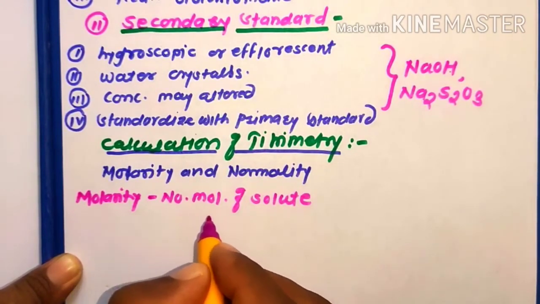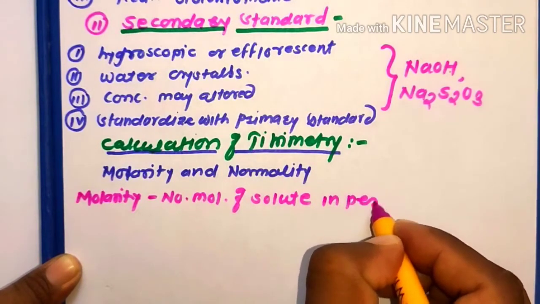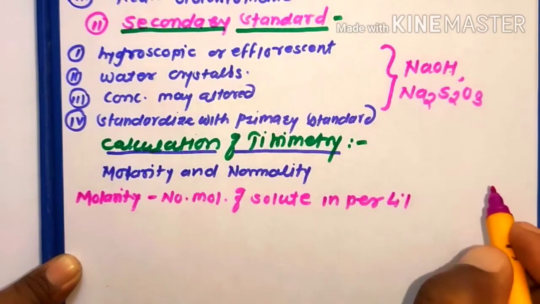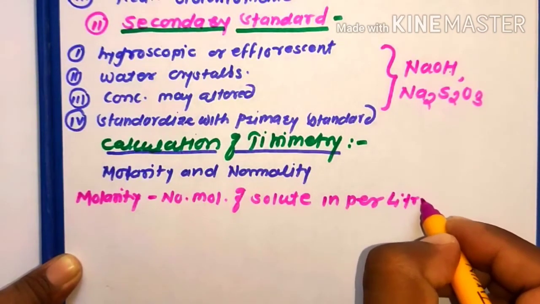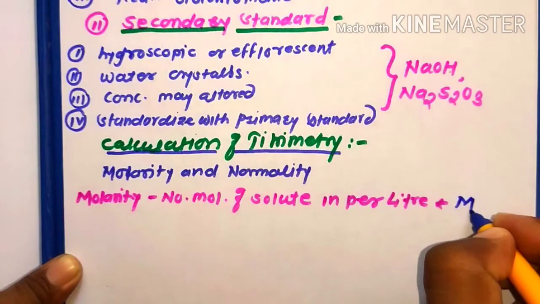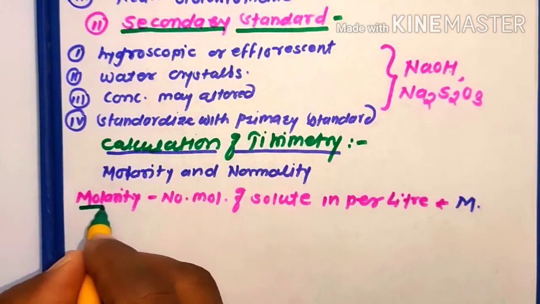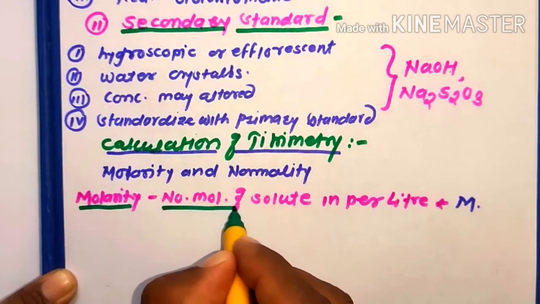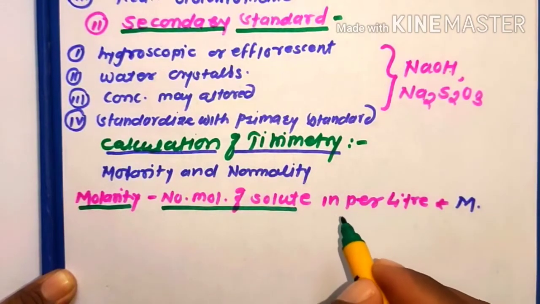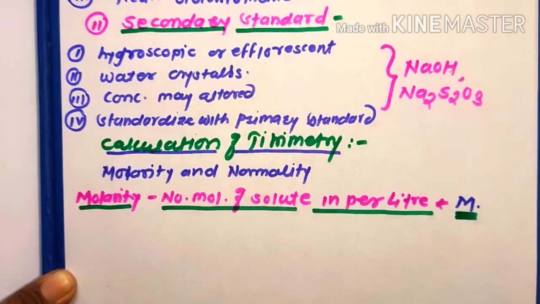That is, the number of moles of solute per liter, and it is abbreviated as capital M. That is, molarity is the number of moles of solute dissolved per liter of a solution, abbreviated as capital M.